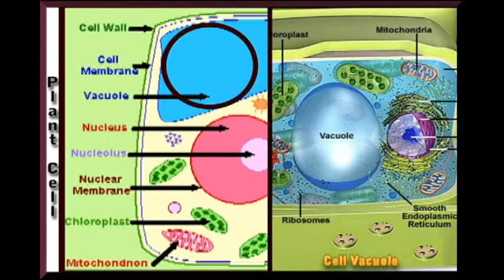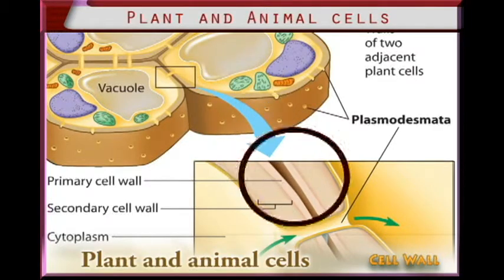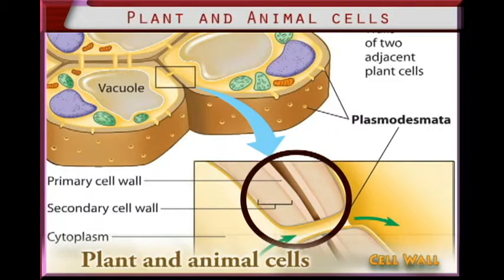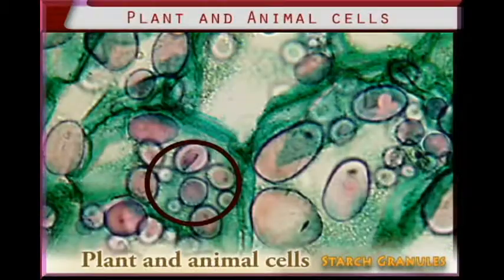It has a cellulose cell wall, whereas animals have a cell membrane, not a cell wall. Plant cells have a middle lamella, which is absent in animals. Plant cells have starch granules, which are absent in animals.